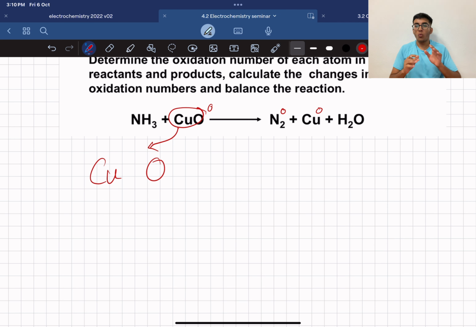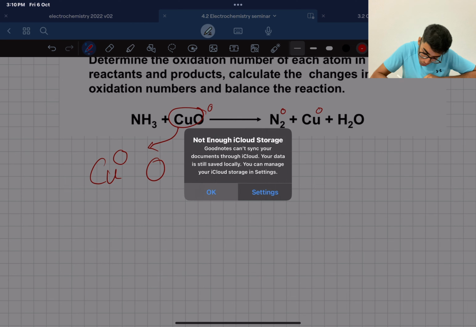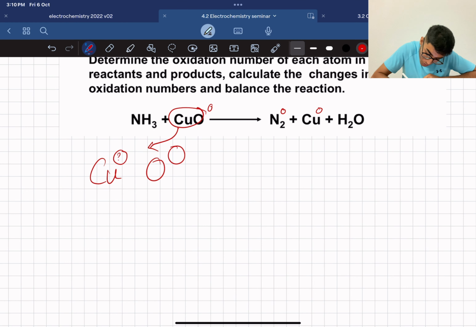Whatever their individual oxidation states are, we know that they will add up to 0.